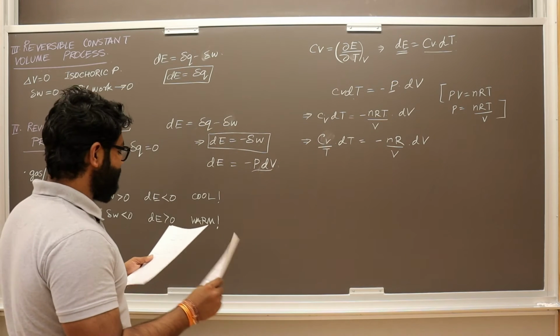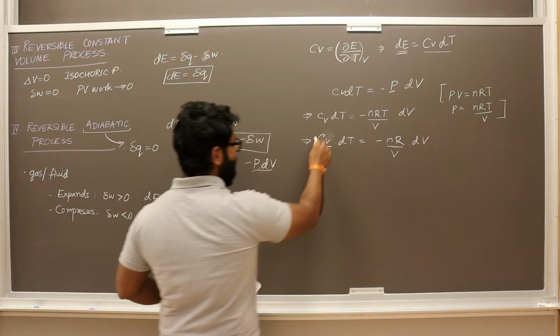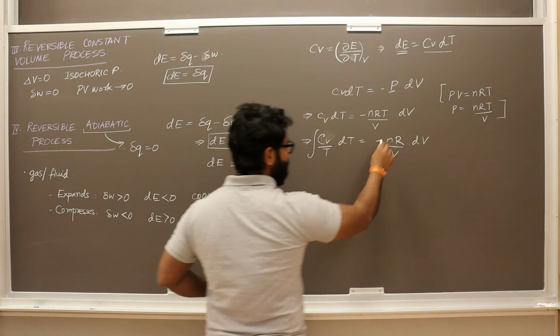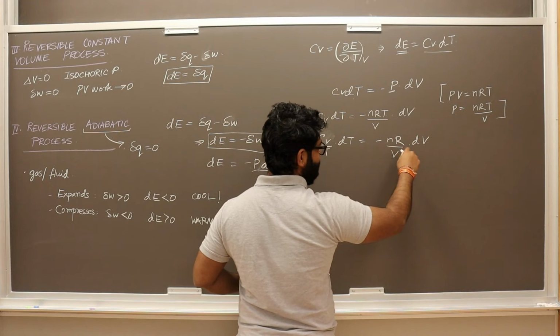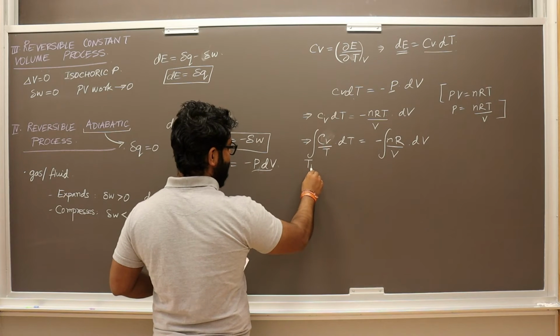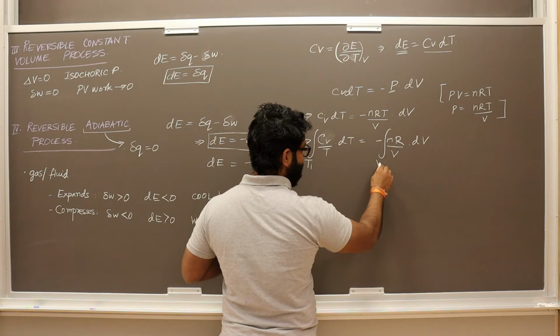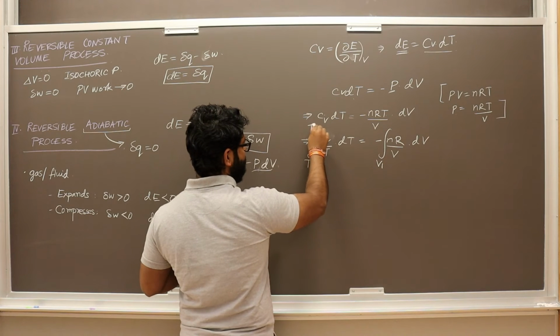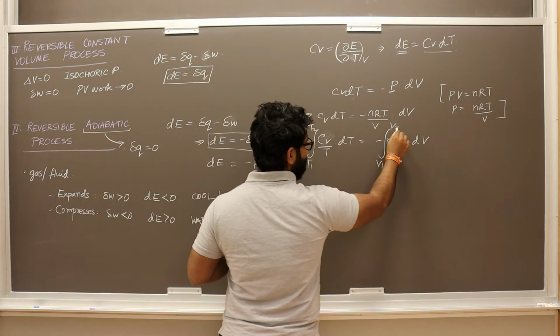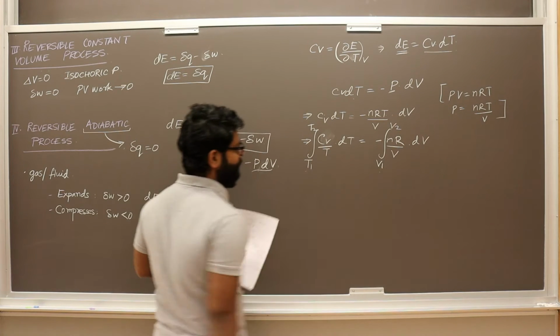Now what we'll do is we'll integrate this equation on both sides. Let's suppose the process went from V1, T1 to V2, T2. So we'll integrate from the initial to the final, initial volume to the final volume, okay?